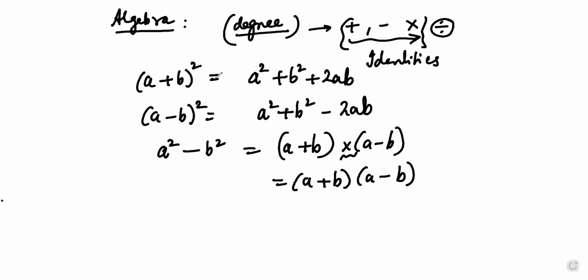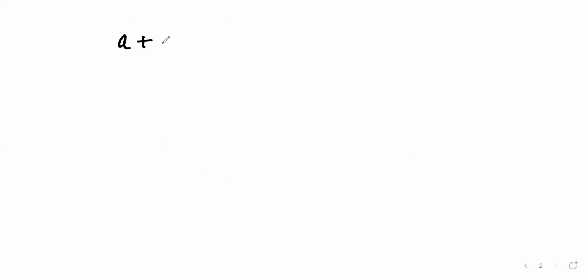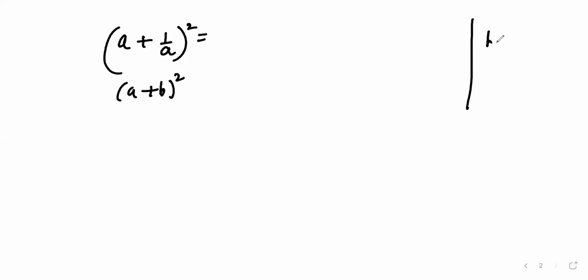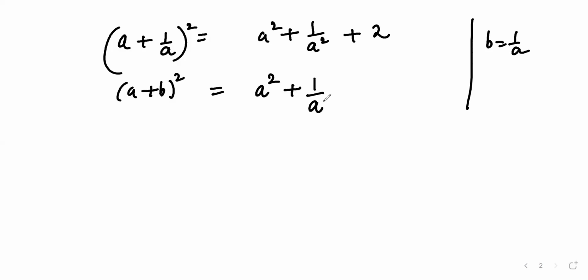And then we also moved on to a plus 1 upon a the whole square. Okay, this is technically what? If you relate to your a plus b the whole square, your b is the reciprocal of a. So b is 1 by a. So it will be a square plus 1 by a square plus 2.